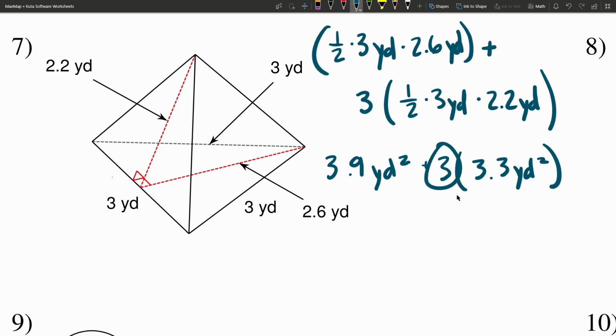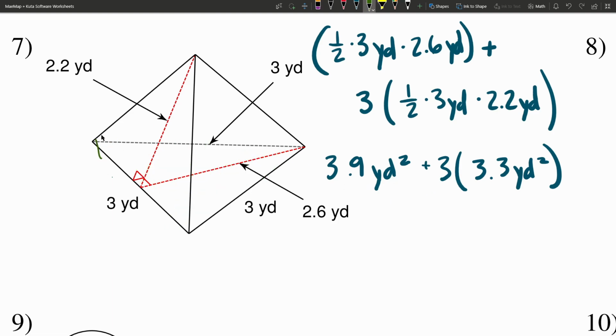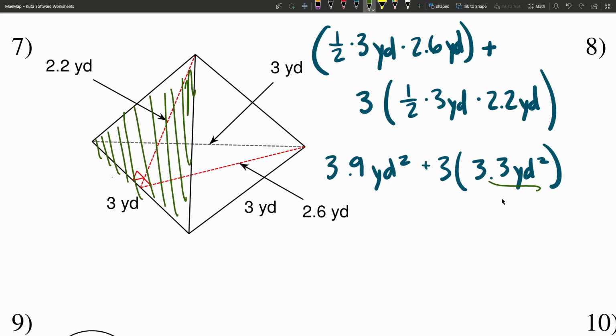So I didn't multiply this 3 yet because I wanted to show you that this area here, our bottom area, is 3.9 yards squared, and then one single other face of our pyramid is 3.3 yards squared, but there's 3 of those we have to account for.